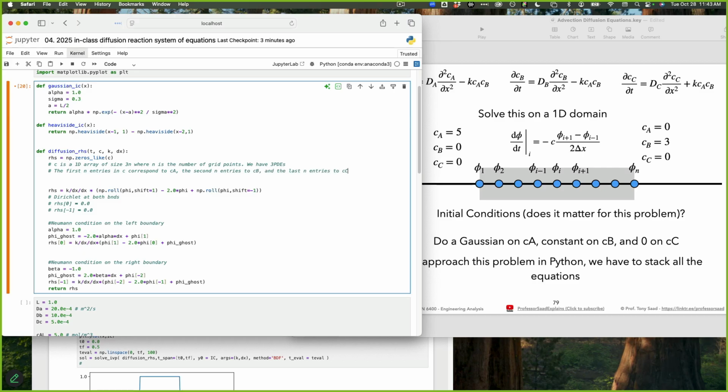The first thing I want to do, logically, is think A, B, and C. Solve IVP doesn't care, it's just a system of equations. So I want to access CA, CB, and CC separately.